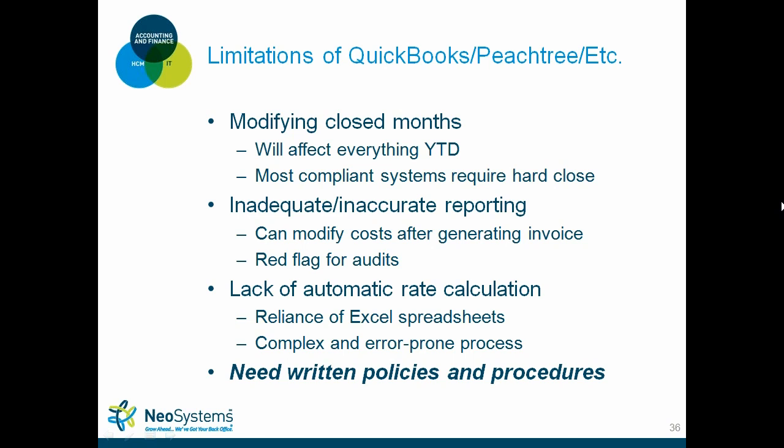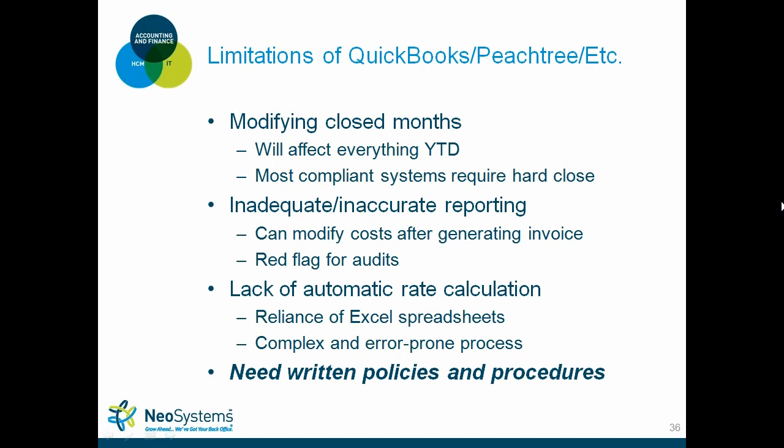The QuickBooks and Peachtree applications really don't give you advanced reporting as far as indirect rates, cost reports, and job summary reports, and those are pretty much things that DCA looks for when they do a system audit. And again, there's a lack of automatic rate calculation.